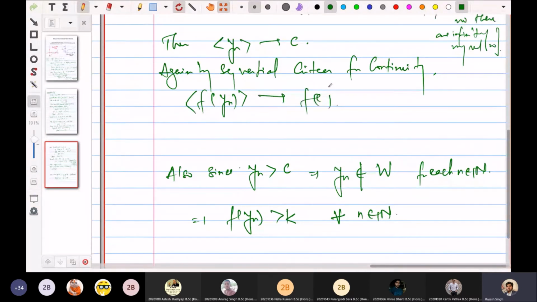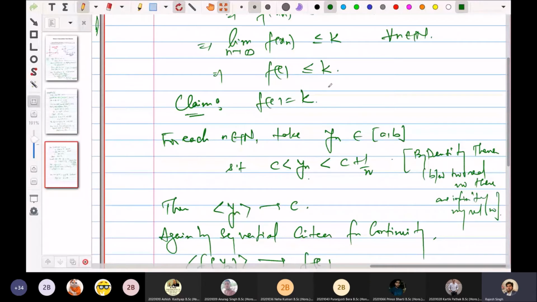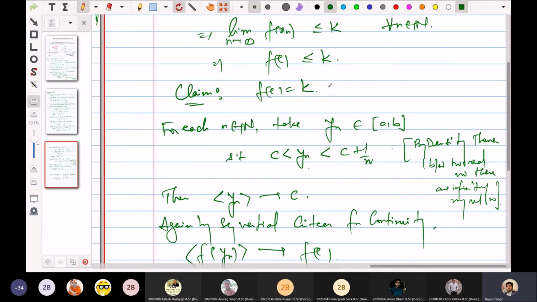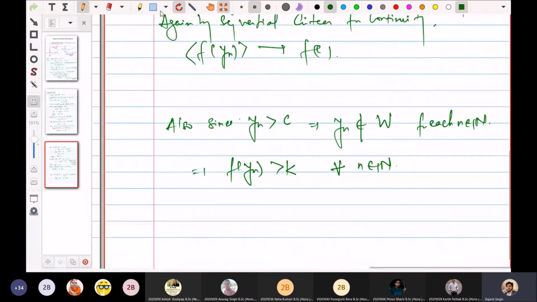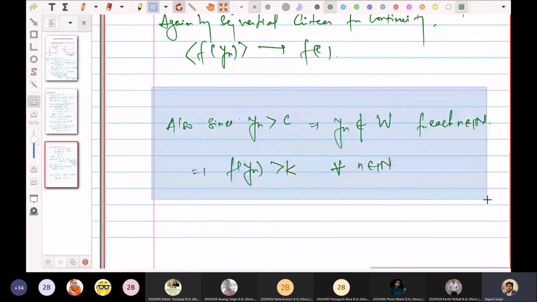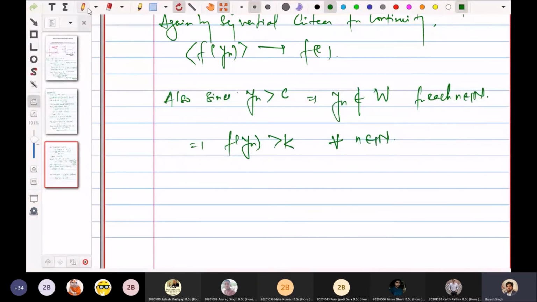So basically idea क्या है इसमें कि एक सीक्वेंस हम लेफ्ट से जनरेट कर रहे हैं using supremum property और दूसरी सीक्वेंस हम ऐसे ही arbitrarily जनरेट कर रहे हैं yn और वो from the right of c, और फिर वहां पे supremum property का use करके हम कह रहे हैं कि yn will not be in W, और जब W में नहीं है तो f of yn will be greater than k, right?